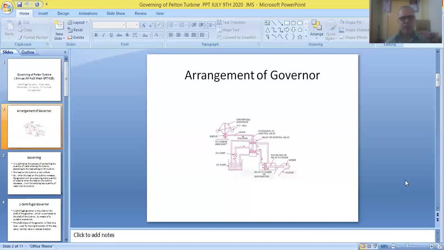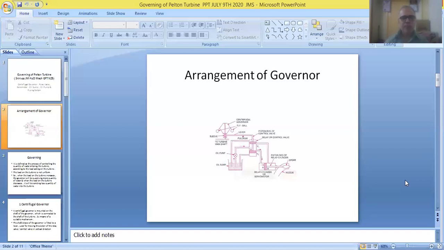It will be taking liquid from the reservoir, increasing the pressure energy of the liquid, and finally sending high pressure liquid into the servomotor. This is called a hydraulic pump. It's handling oil, so it is also referred to as an oil pump.